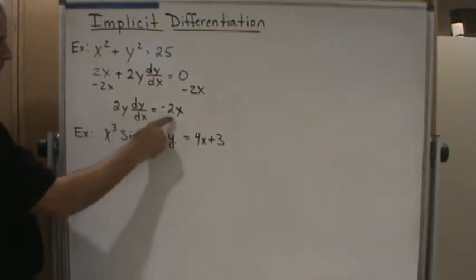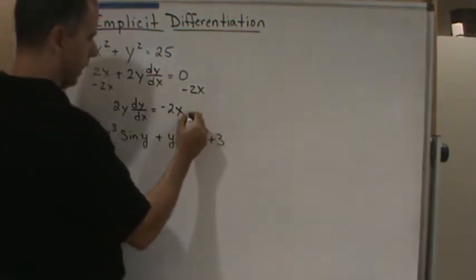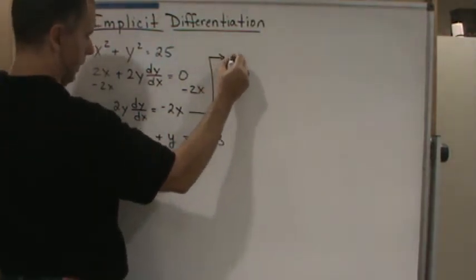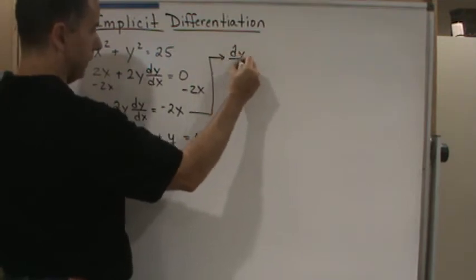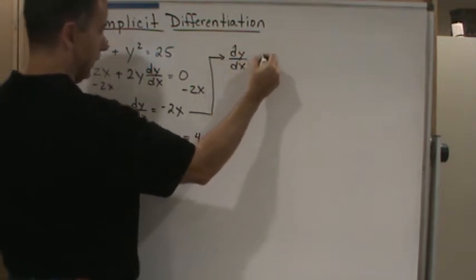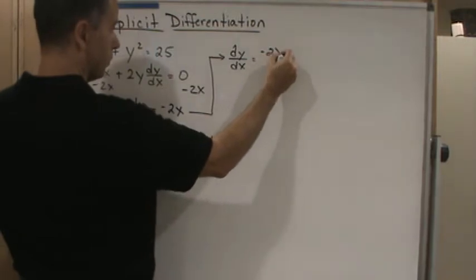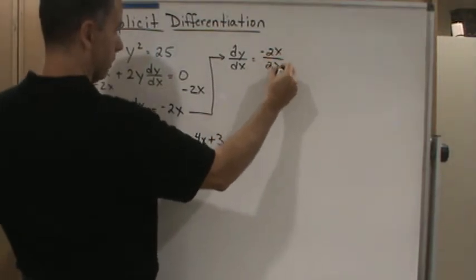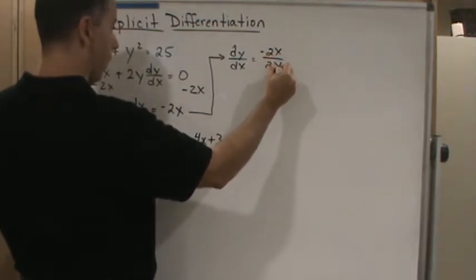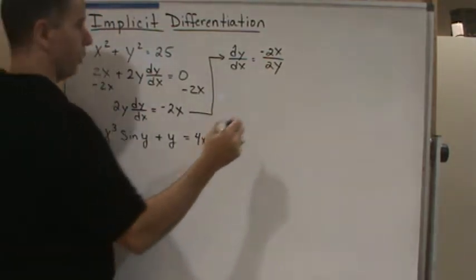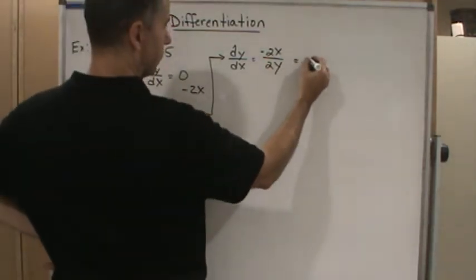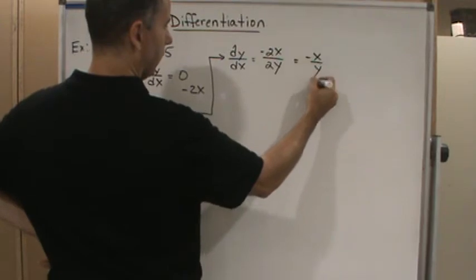Now if I divide both sides by 2y, I get dy/dx equals negative 2x over 2y, so dy/dx equals negative x over y.